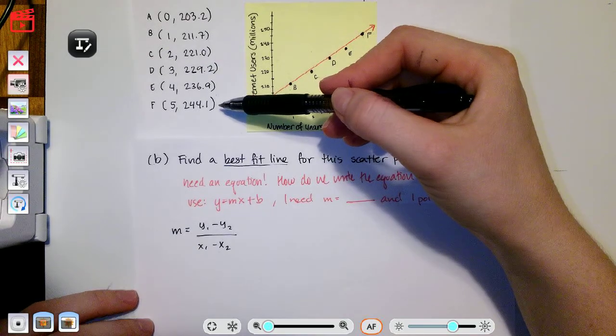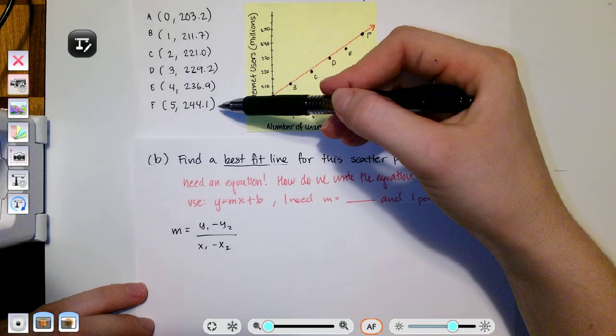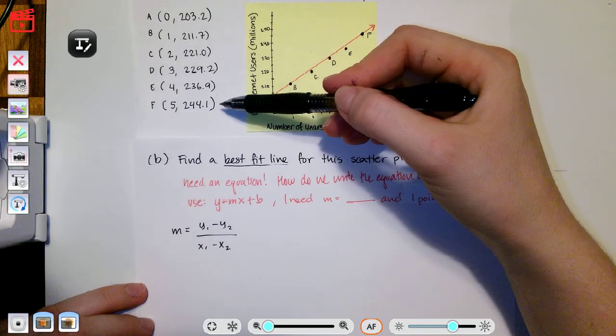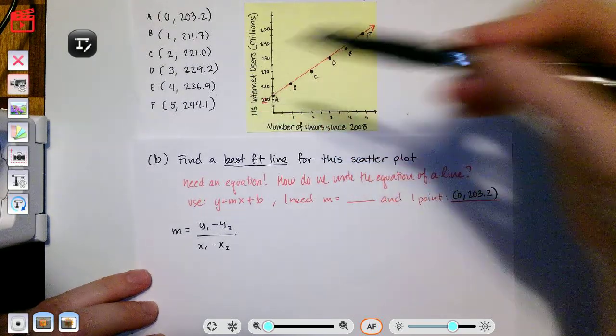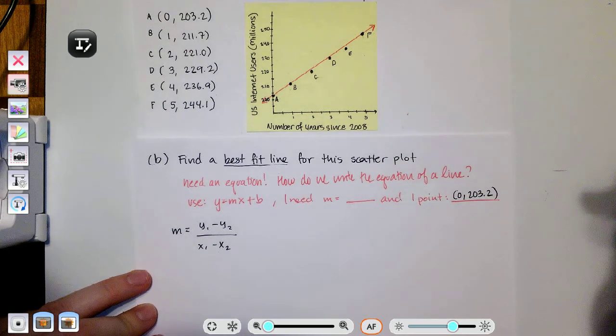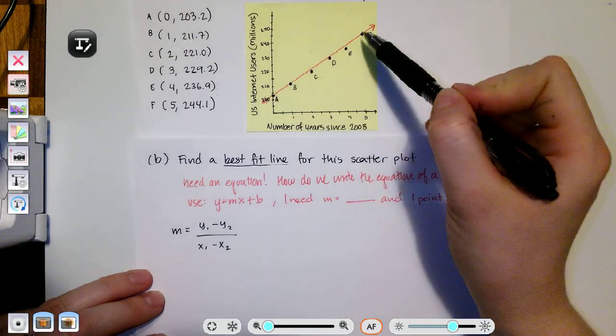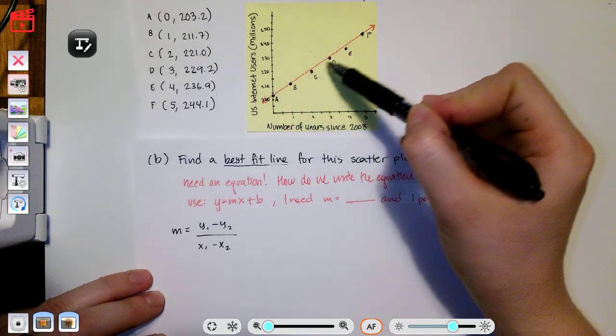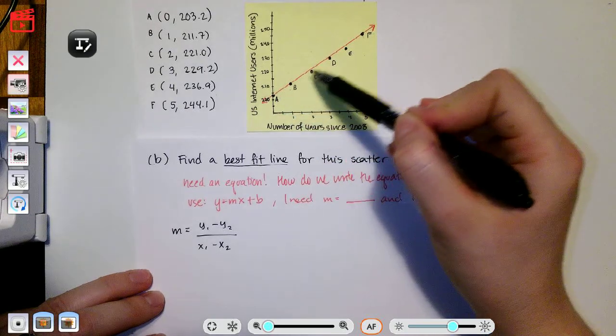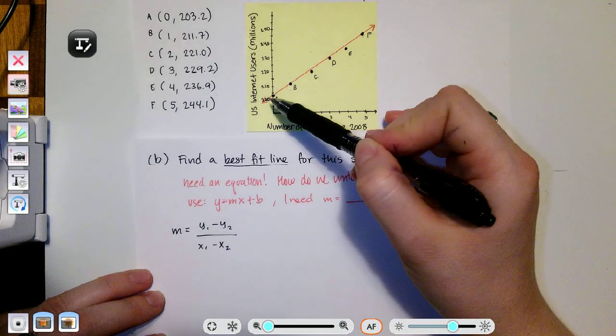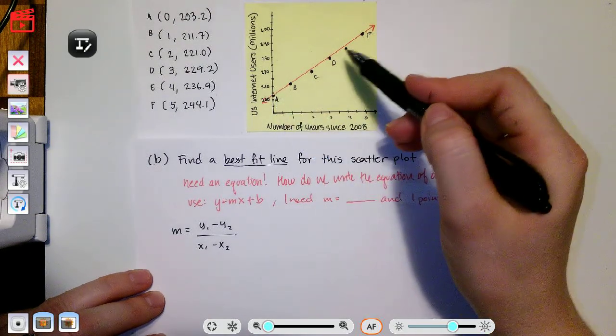So the question might be, which coordinate points should I use? It's a good question. Go ahead and think about what you would choose. Okay, so the points that I would choose would probably be A and F. They're the farthest apart, and they're sort of the 2 points that tie together my line. So I'm going to go with A and F.